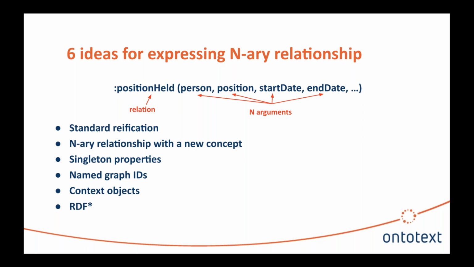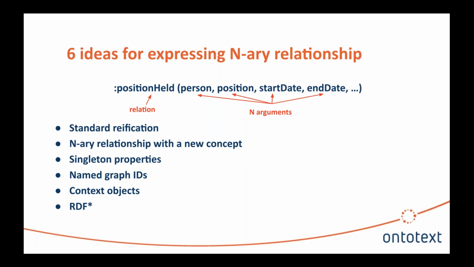Before jumping into the examples, I want to give you some knowledge representation fundamentals. Basically, we have this n-ary relationship where we have a position held. This is really the type of relation, and it has multiple arguments, like the person, the position, and the start and end date.